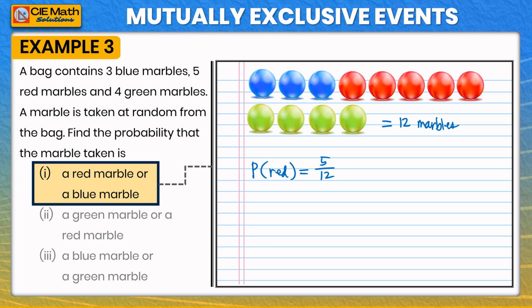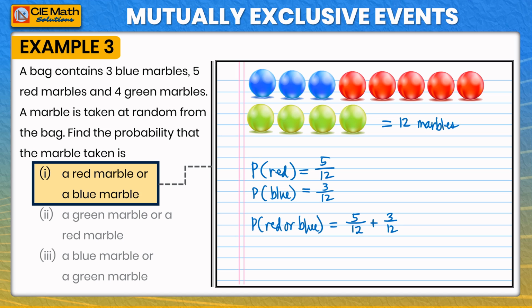The second one will be the probability of getting a blue. If you take a look at the bag, there are only 3 blue marbles. So that will be 3 out of 12. So the probability then of getting a red or blue marble will be equal to 5 over 12, which is the probability of red, plus 3 over 12, which is the probability of getting a blue.